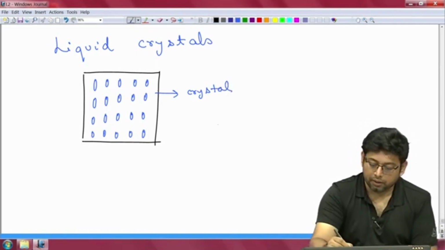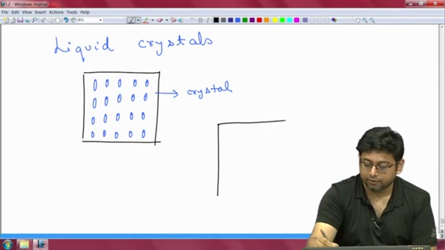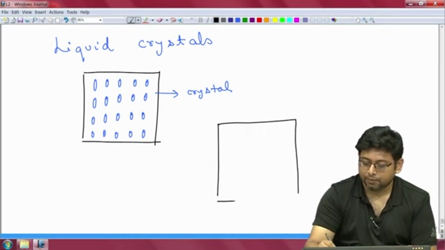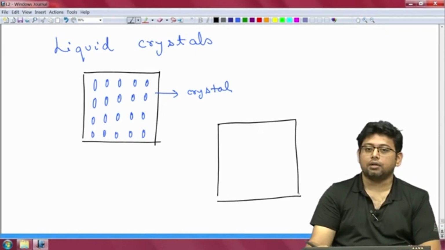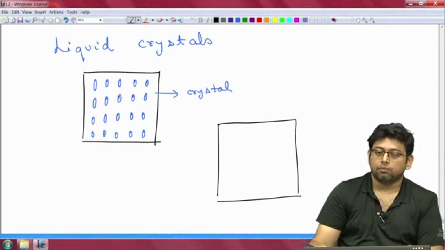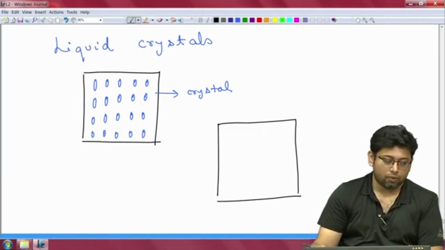And a liquid crystal, hopefully, gives you an idea that it has the properties of both liquids and crystals. So, the order at the atomic or the molecular scale is somewhere in between that of a perfectly crystalline system and a disordered system like water.